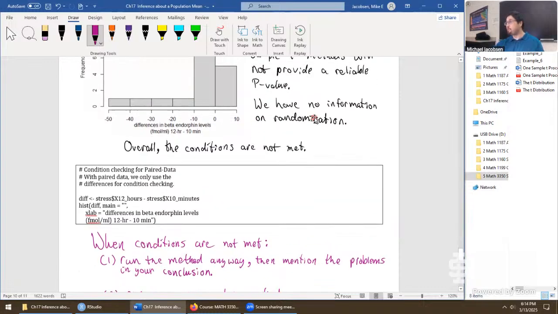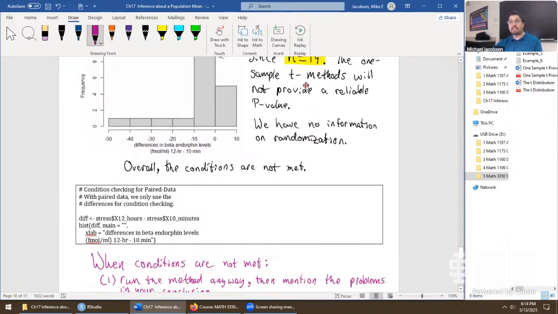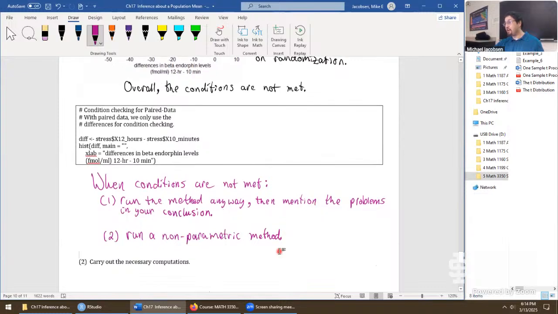Now, if we want a different method that does not have parameters, that does not have probability models, we call it the non-parametric method. And the method that we would use here is wilcox.test. Let me double check on that syntax. wilcox.test. That's an O right there.